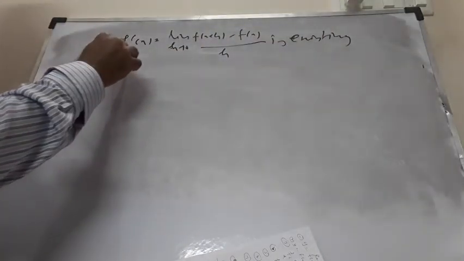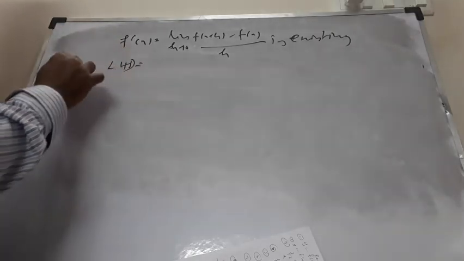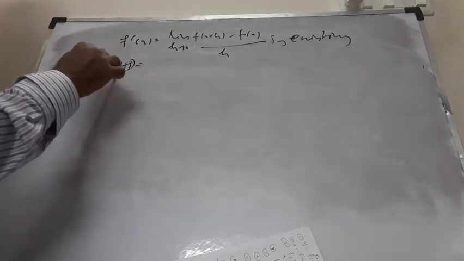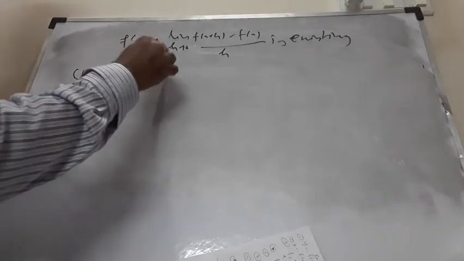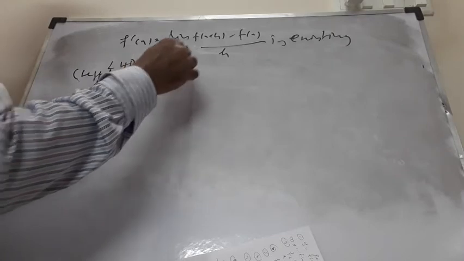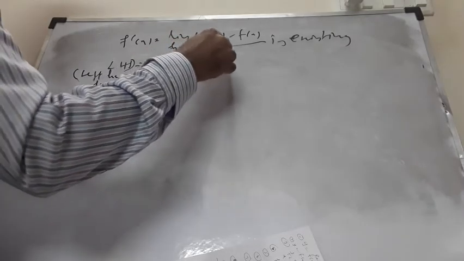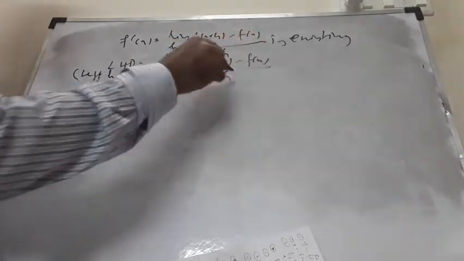Here again, as in the case of continuity, I can even call it left hand derivative. Left hand derivative is limit h tends to 0 minus of f of x plus h minus f of x whole by h.